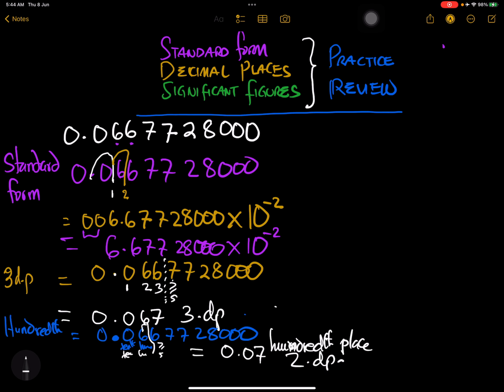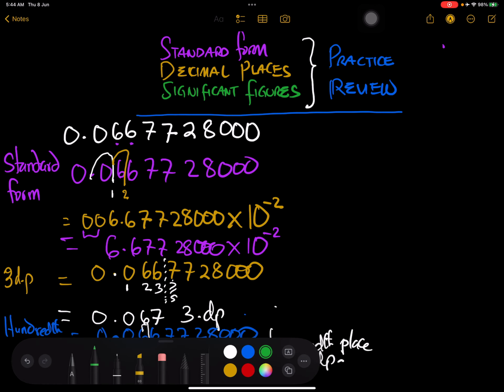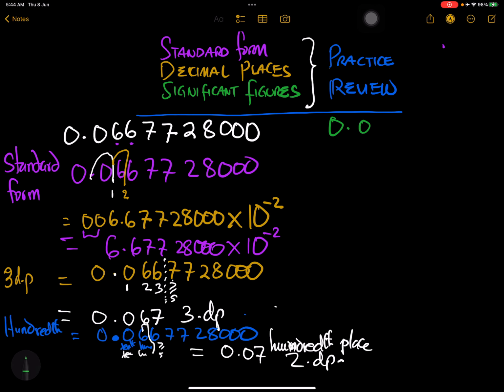Now we are also going to look at significant figures. If you have 0.066772812, how many significant figures do we have? Remember, because it's 0, we ignore it, and as a result, the first 0 that comes after the decimal point we ignore.